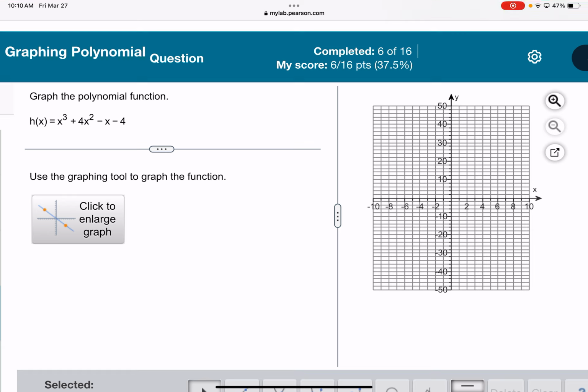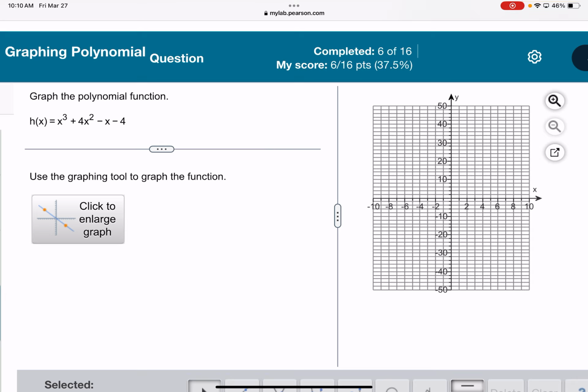Step 2, we're going to find the zeros or the x-intercepts. So I would take that whole thing, x cubed plus 4x squared minus x minus 4, and set it equal to 0. And how would I solve this?